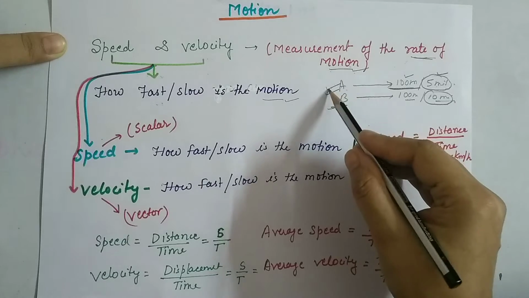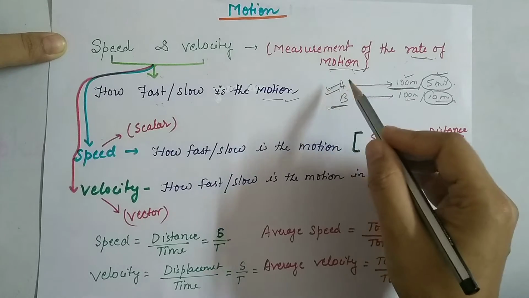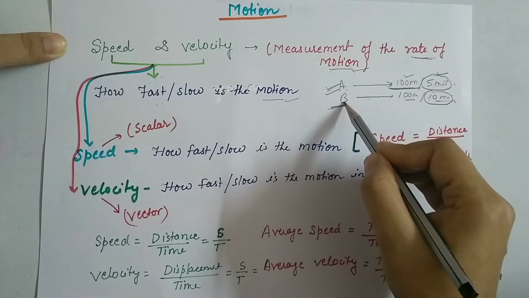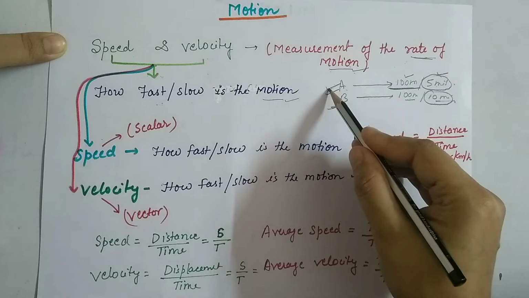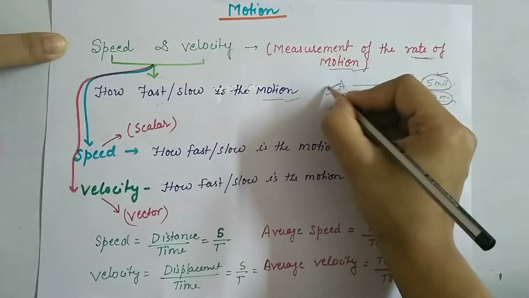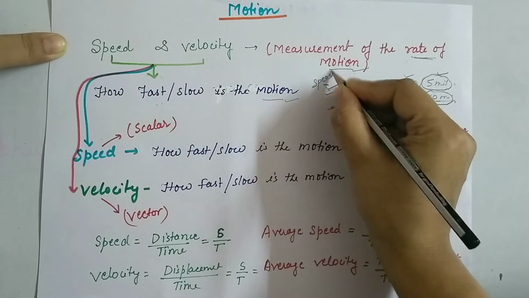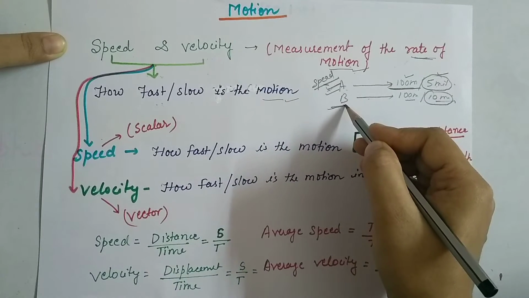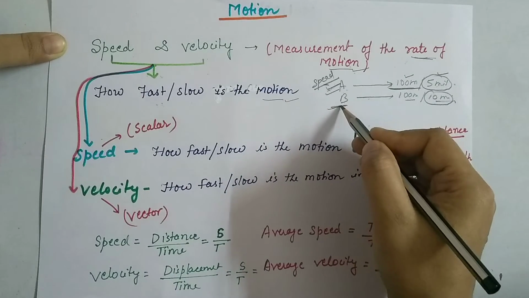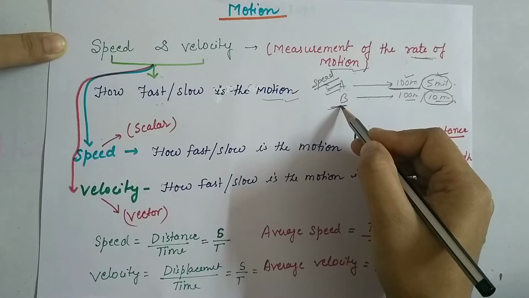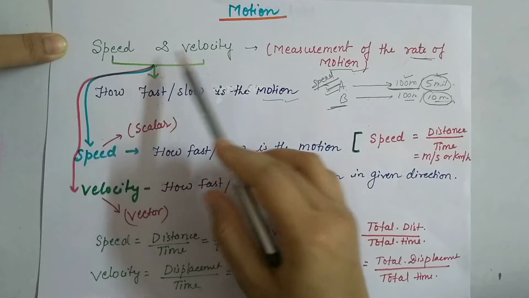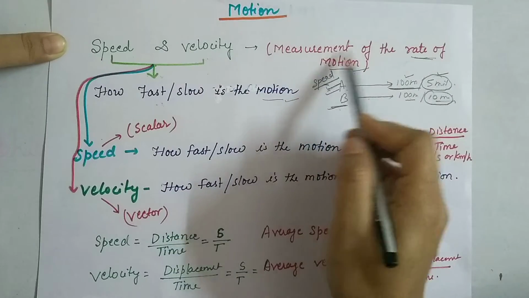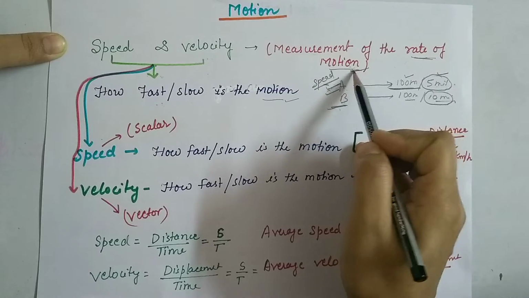So we can say that A is faster than B. The speed of A is more than the speed of B. So speed and velocity measure the rate of motion.